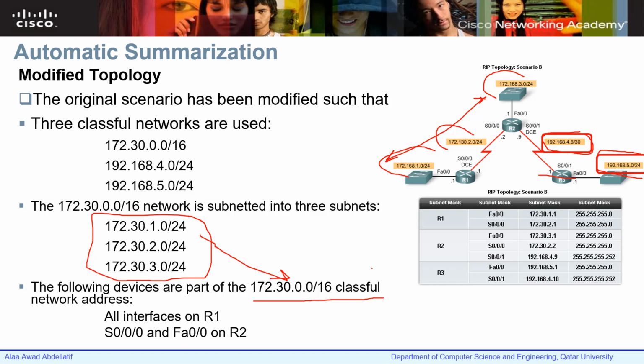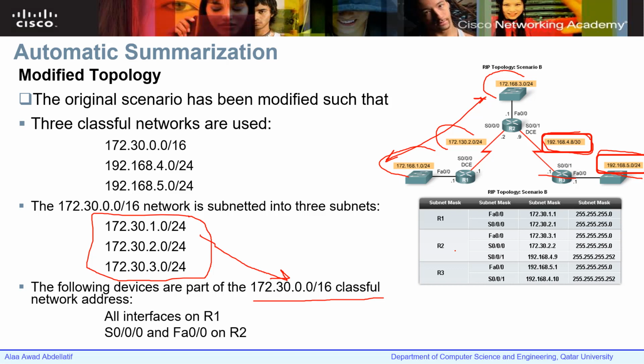So now, for example, instead of R3 including three IP addresses in the routing table, 172.30.1, 2 and 3, so R3 will put three entries, I can summarize all these IPs into one entry.